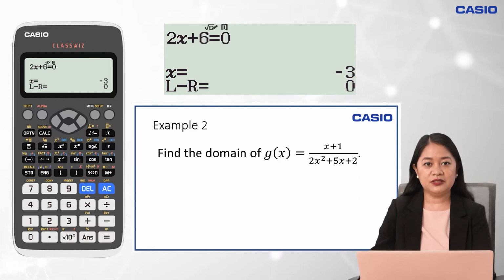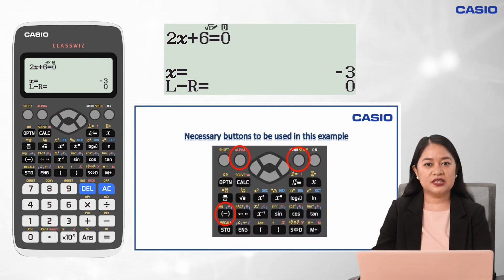Another example, observe that the denominator of this given rational function is a quadratic expression. To solve for its zeros, we will use the equation menu of the CASIO ClassWiz. To proceed to the equation menu, press Menu, Alpha, and negative symbol buttons.